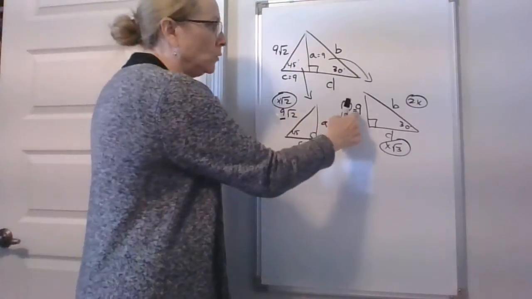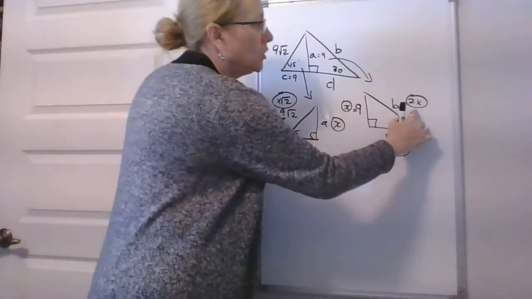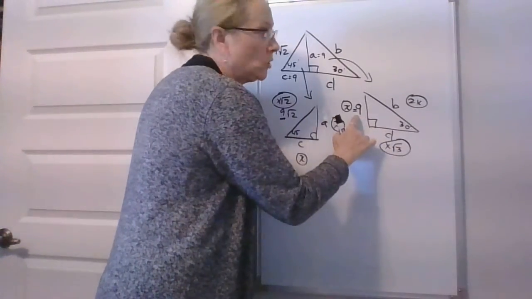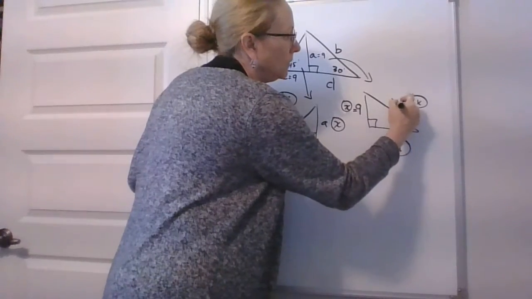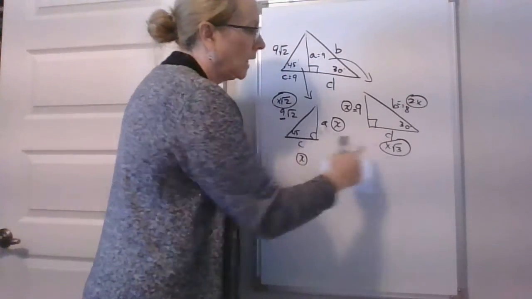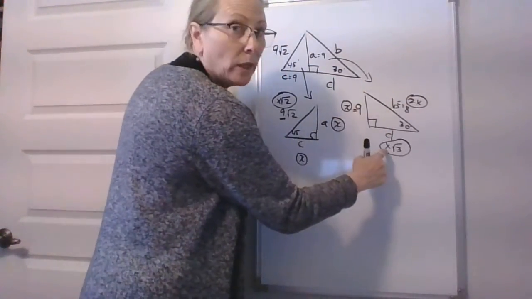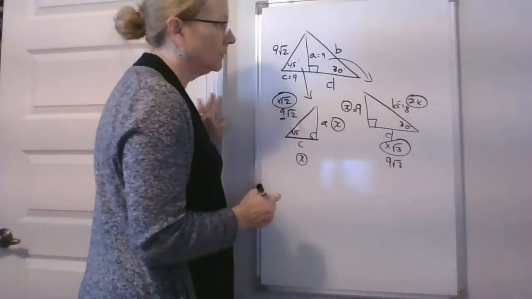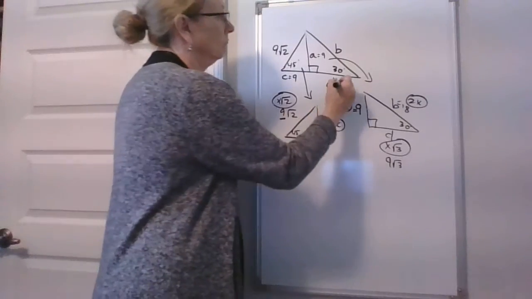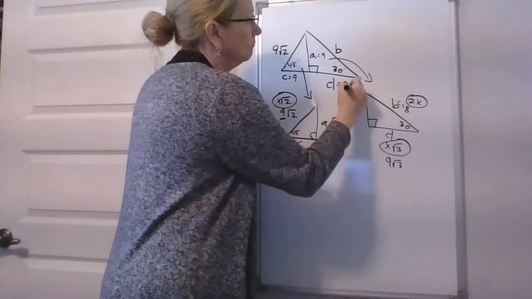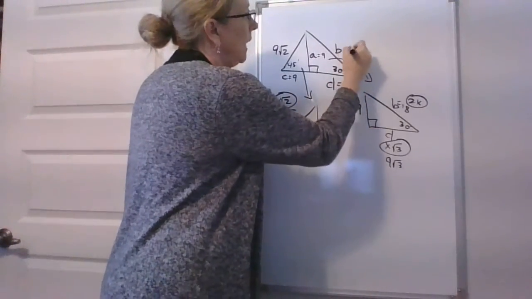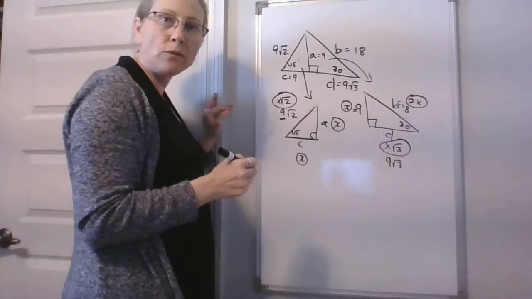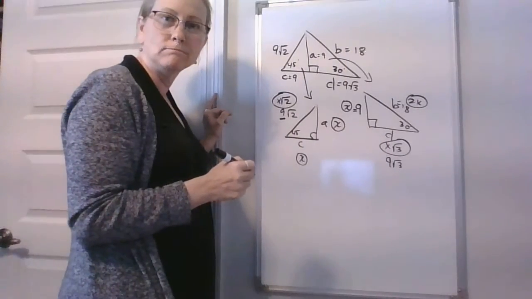Our X value is 9, and the 2X value is twice as much, 2 times 9, 18 for B. And for our D value, we just plug the 9 in here, 9 root 3 for D. And then we're finished. 9 root 3 and 18. And we have all the values in our original problem.